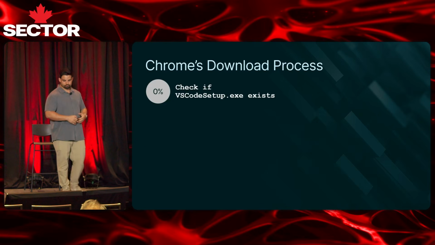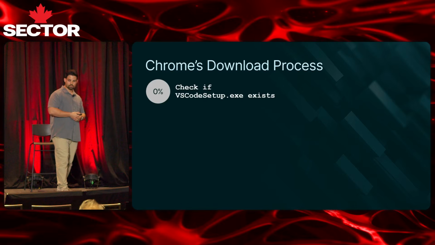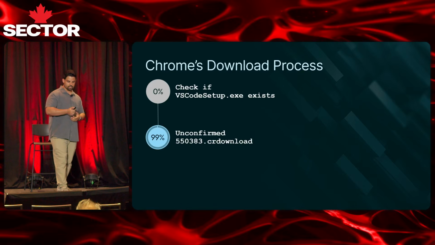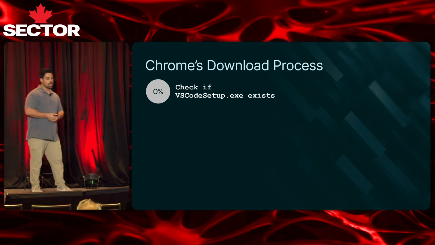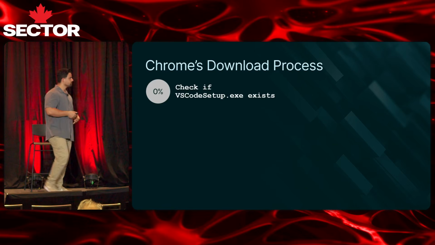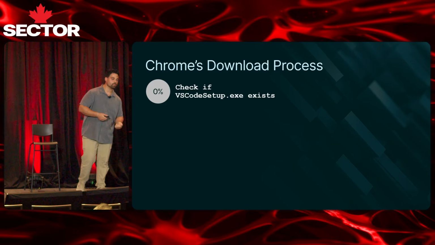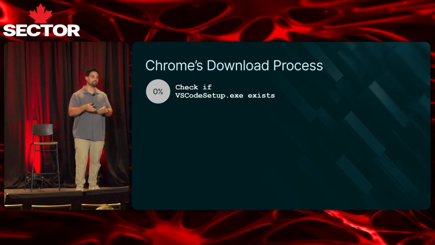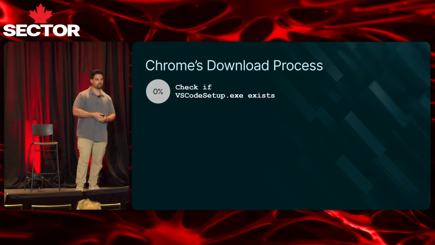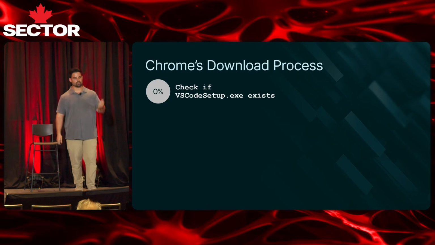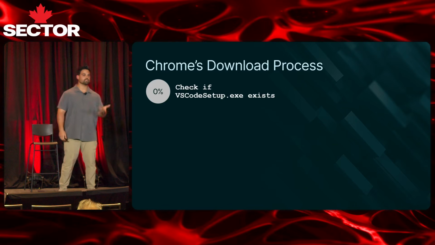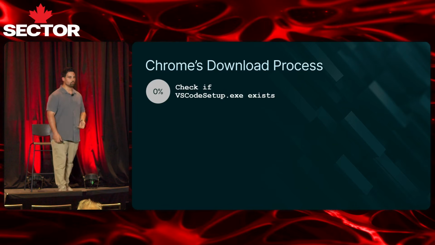So what we thought about was to maybe somehow overwrite files in the downloads folder while their download is still ongoing. But in order to do that, we had to first understand Chrome's download process, at least a basic one.